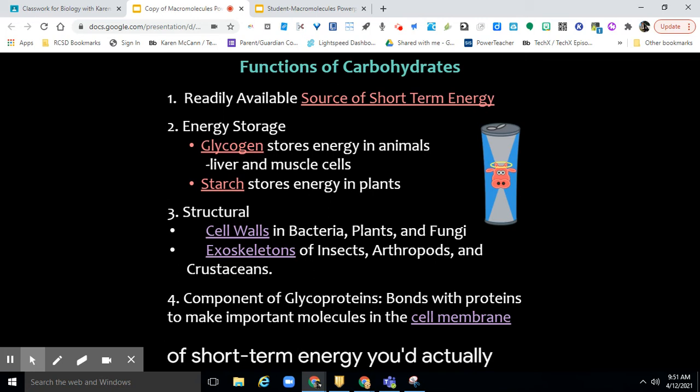You actually all know this. When you are tired, what's the kind of food that you grab? If you said pop or soda, if you said candy, if you said chocolate, all right, any of those are all carbohydrates and contain sugar, right?